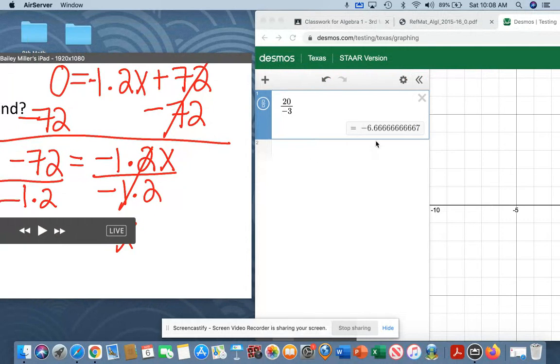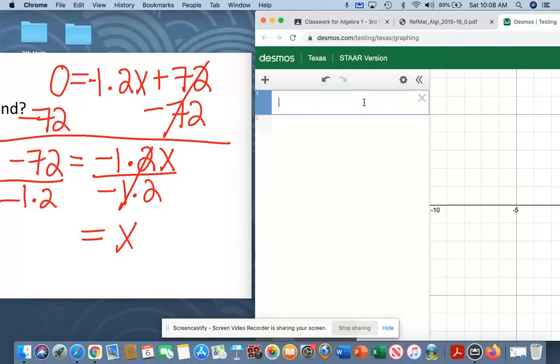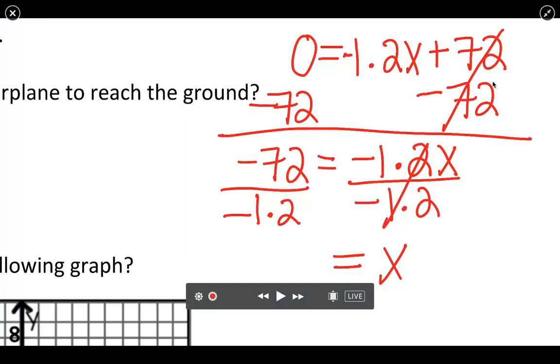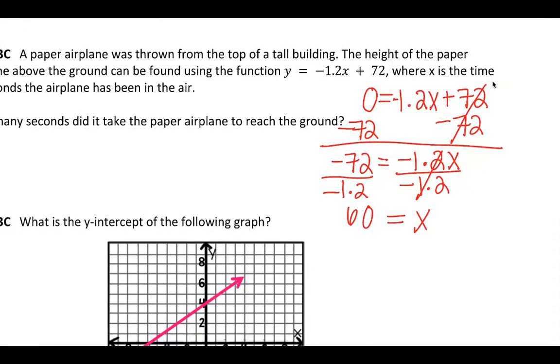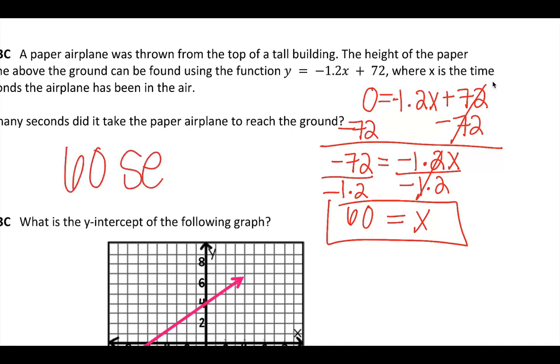I don't want to tell you that wrong. -72 divided by -1.2 is 60. Definitely not 32. Okay, 60. So it will take 60 seconds for the airplane to get to 0 feet, to get to ground level.